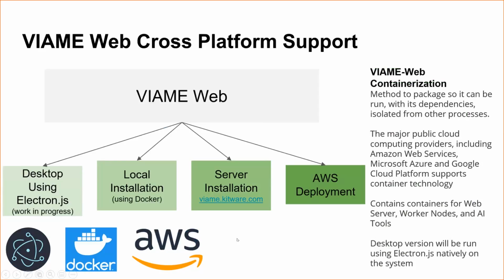One of the things that we really put emphasis on is making sure that VIAME Web can run in different environments. Some of you may be familiar with the technology called containerization, which means you're packaging all of the software dependencies in a container, and then that container runs on the cloud or locally on your machine.